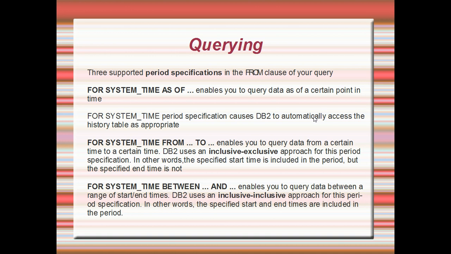Okay, the next or third type of this period specification clause is FOR SYSTEM_TIME BETWEEN period AND period. Here also we can use some defined period for querying your data.